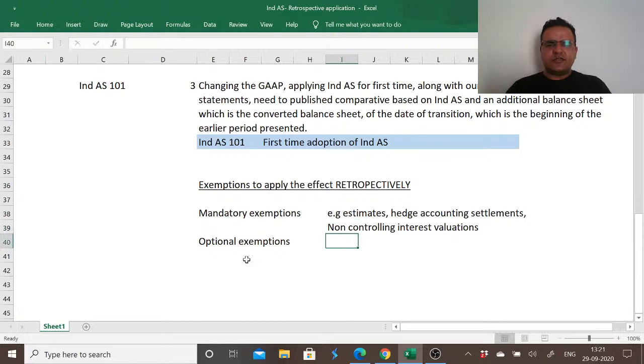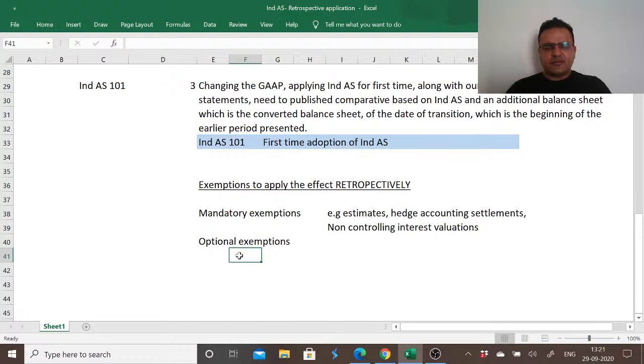Optional exemptions is, if you wish to apply the effect retrospectively, you can do so. But if you wish to avail the exemption, you can avail the exemption and carry forward the balances which were carried in the books previously. We have a choice in some instances to carry.